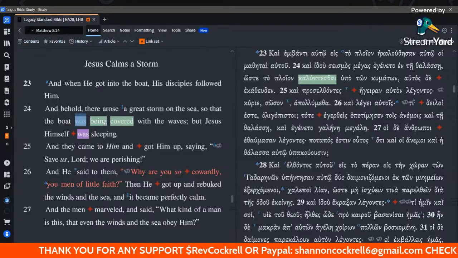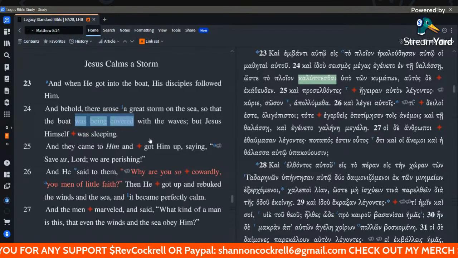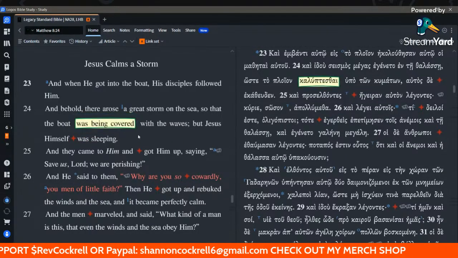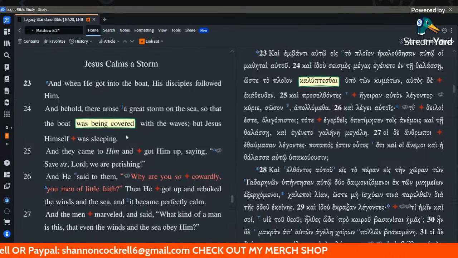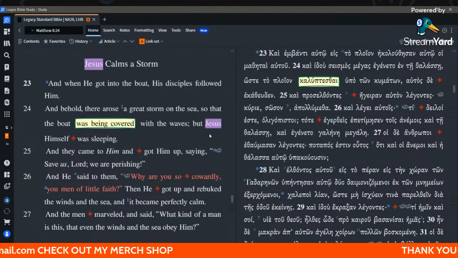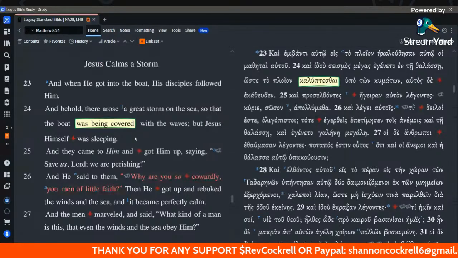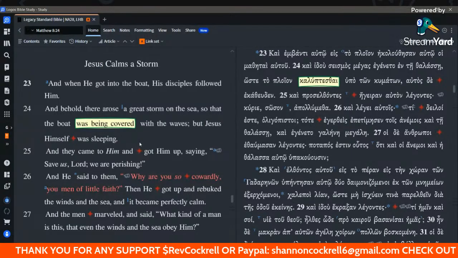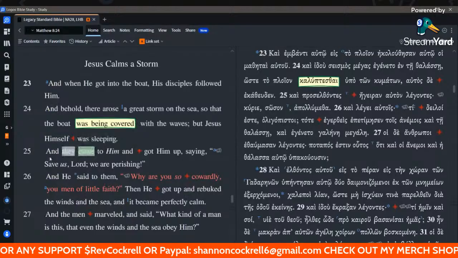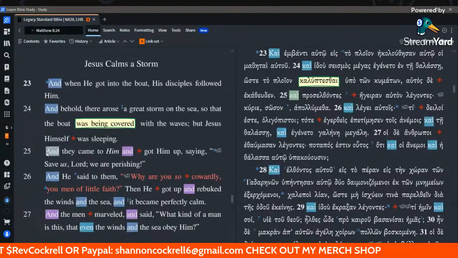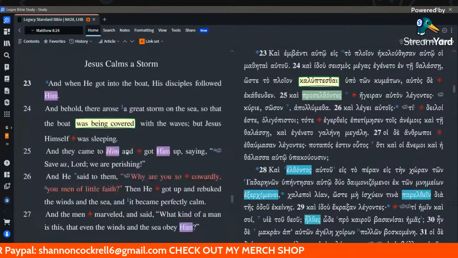So there's a passive. The boat didn't cover itself. The picture is the boat is just being blanketed by the waves. Jesus is asleep. The waves are just pounding the boat. And verse 25, the disciples came up to him and got him up.